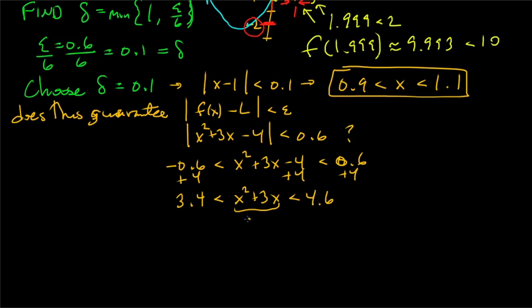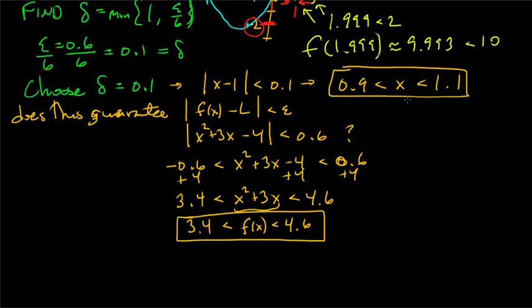So there's my f of x. My f of x had better be between 3.4 and 4.6. That's the guarantee that we want. We want f of x to be in that interval. So if my x is between 0.9 and 1.1, that should guarantee that f of x is between 3.4 and 4.6.